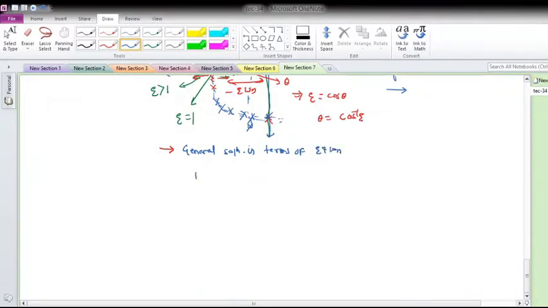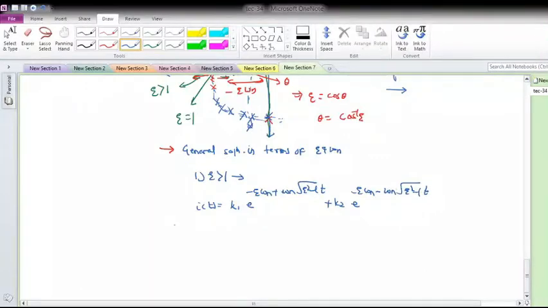First, when roots are real and distinct, what will be my solution? The response i of t is k1 e raised to minus zeta omega n plus omega n square root of zeta square minus 1 times t, plus k2 e raised to minus zeta omega n minus omega n square root of zeta square minus 1 times t.